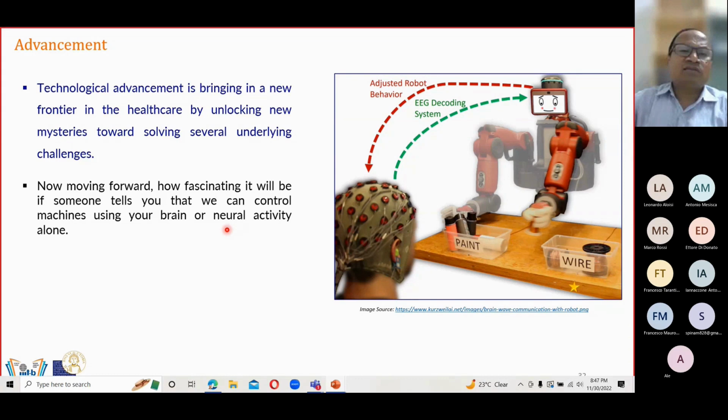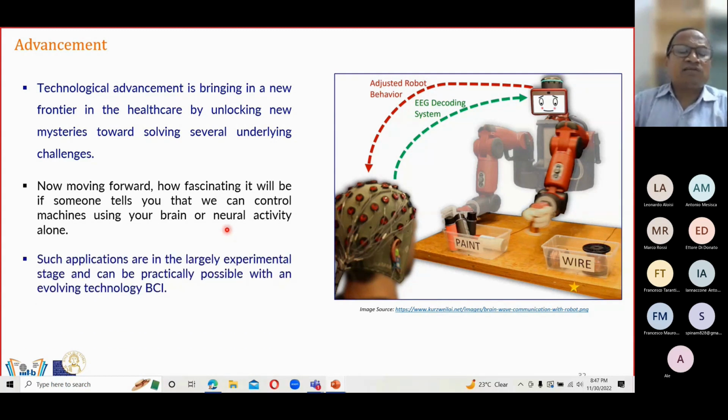Significant progress has not yet been achieved, but of course a lot of work is being done in this area called BCI. Most applications are in the largely experimental stage. As I told you, much successful result has not yet been achieved, but a lot of experimental studies are going on, and this can become practically possible with the evolving technology called BCI.